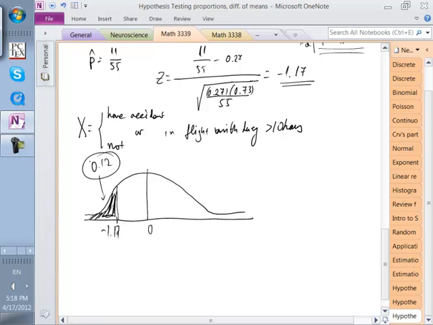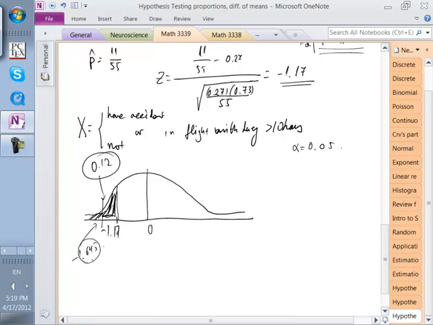So if you make the type 1 error with the value of this statistic, then it's a 0.12 probability of the type 1 error. What would you do? Would you accept or would you reject the null hypothesis? Now, had I given you significance level 0.05, then your 0.05 would have been somewhere here, minus 1.645.